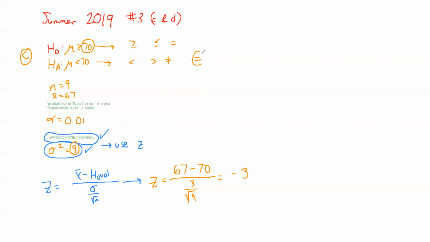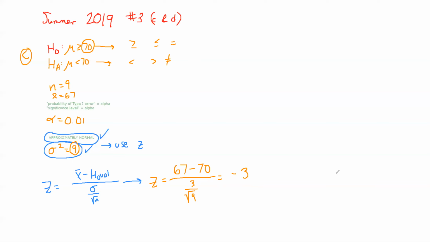The equals part usually comes in the case where we're asked to draw some graphs, which will be a different lesson for a different day. So these are the three most common symbols for the null hypothesis and the three most common symbols for the alternate hypothesis. Even if we didn't have the or equals to here, it still would have been 70 in our z-score calculation.